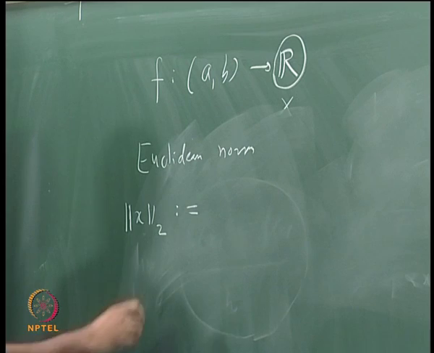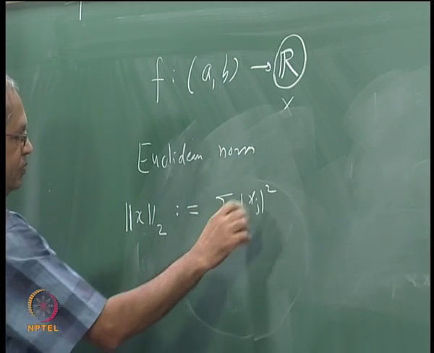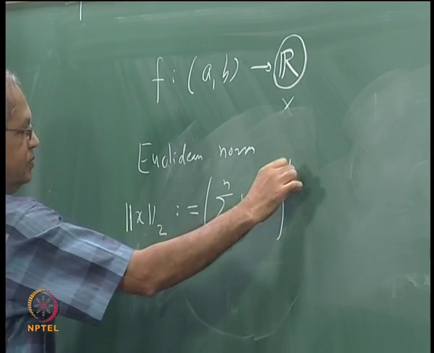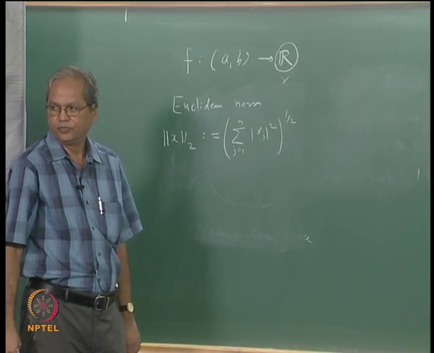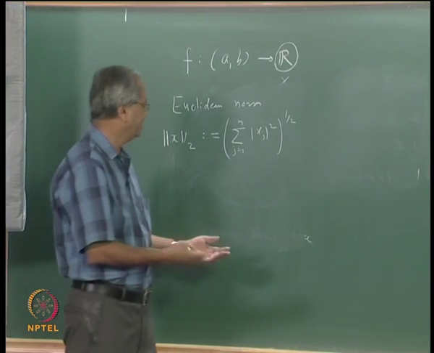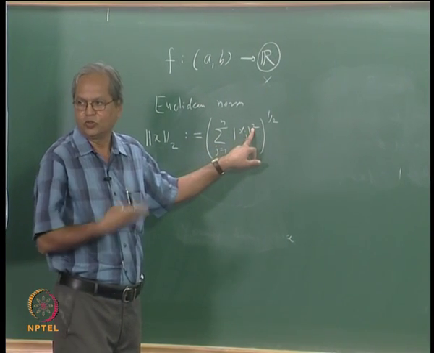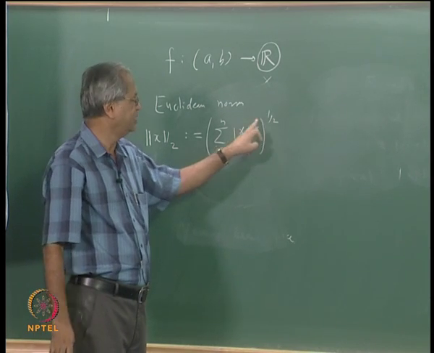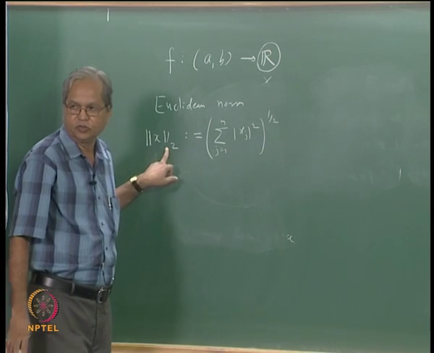So this is the square root of sigma mod xj square, j going from 1 to n. Similarly, instead of this power 2, one can take some other power p between 1 and infinity, mod xj to the power p and then the whole to the power 1 by p, which is called norm suffix p.